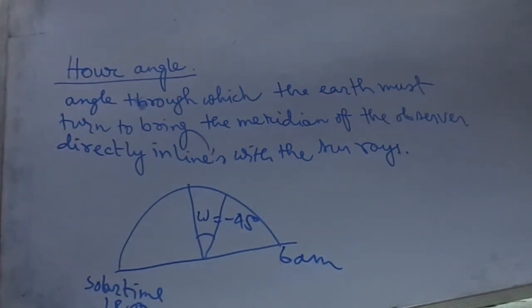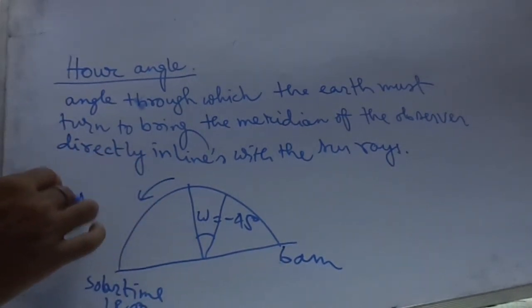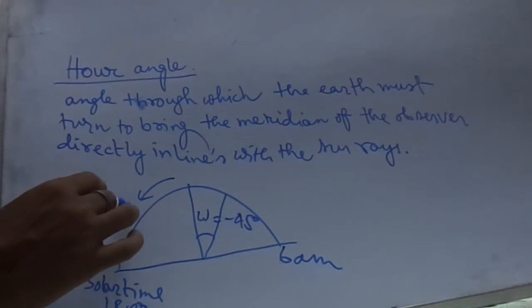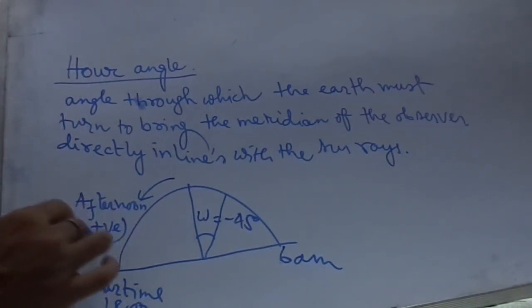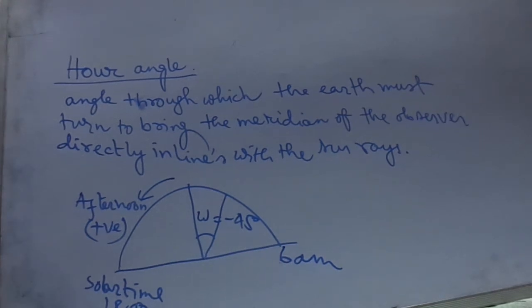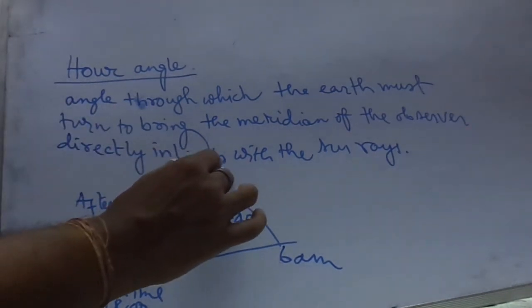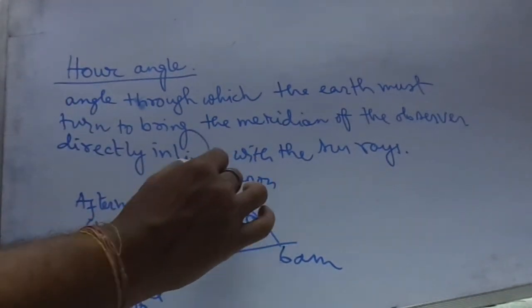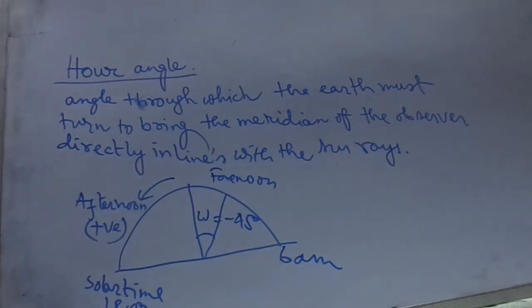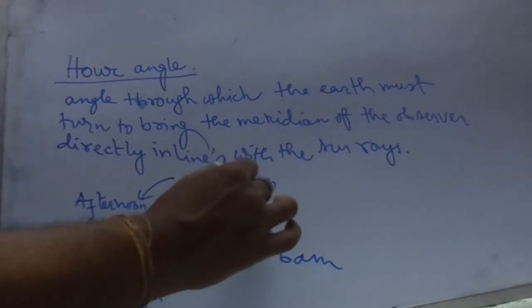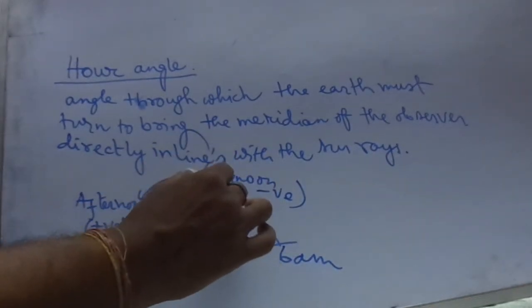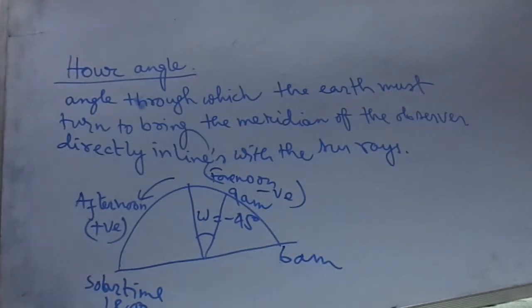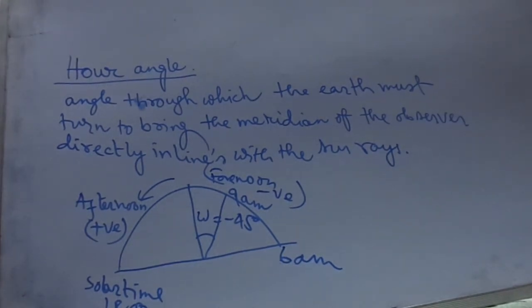So afternoon is a plus value and forenoon is a minus value. That is 9 a.m. So that is the hour angle.